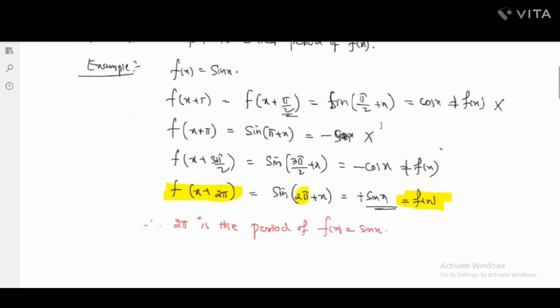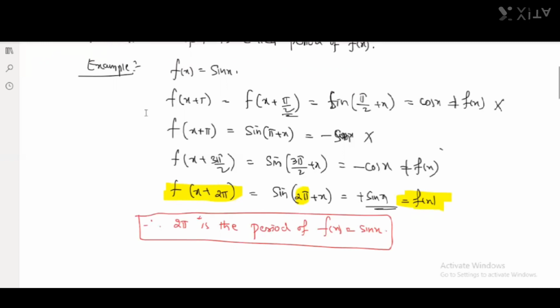So that is how we decide from the definition of periodicity. The same thing we can discuss using the graph also. So by graph, how do we find the period of sin x?